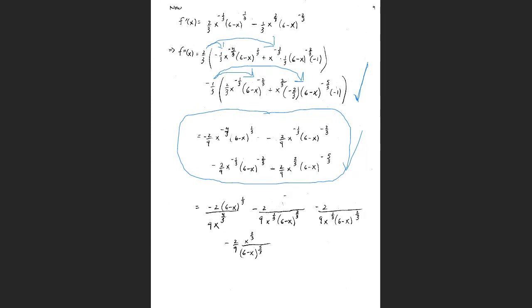Okay. So I'm going to rewrite my second derivative this way. Not too hard, right? Just have to keep track of things.